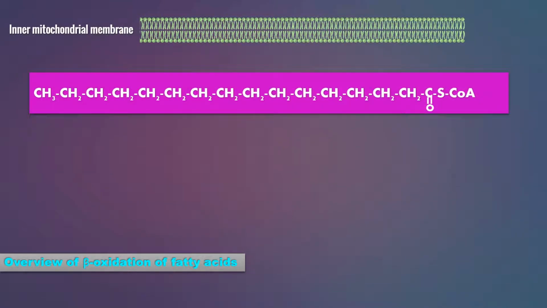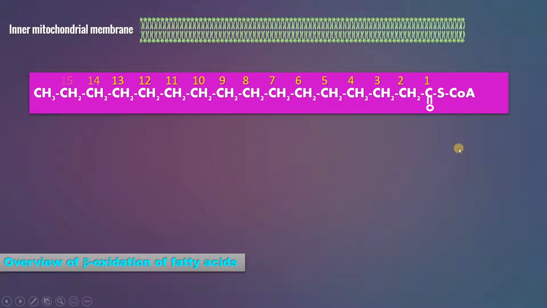Here is a fatty acid. If you don't know the fatty acid structure and classification, then please go and watch the fatty acids video under the Lipid Chemistry playlist. So this fatty acid has a hydrocarbon side chain and the carboxyl group, and this fatty acid is activated with the help of coenzyme A. This is acyl-CoA.